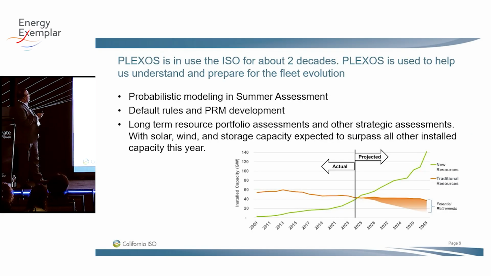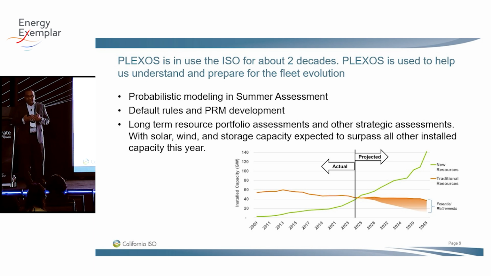And so I'm told that we are the first ISO in North America that has licensed Plexos. So we've been using it for over 2 decades. Not myself, but my predecessors. It's helping us to understand and prepare for fleet evolution. Our primary use case of Plexos at the ISO is to assess the upcoming summer conditions.